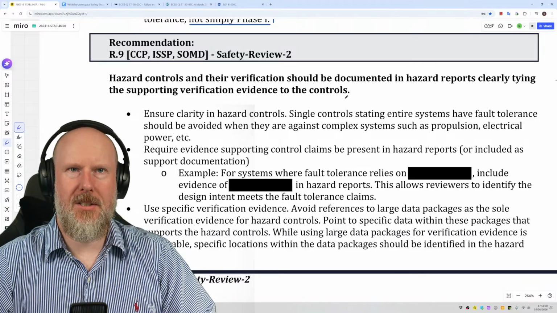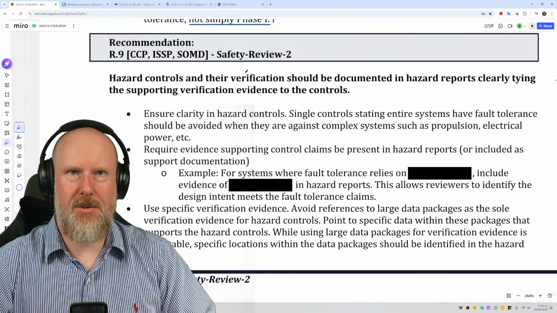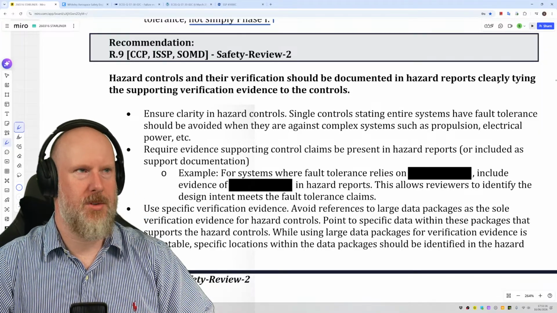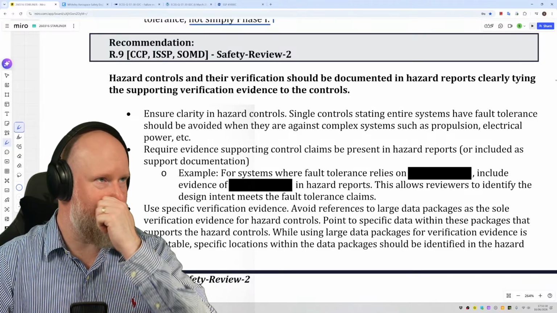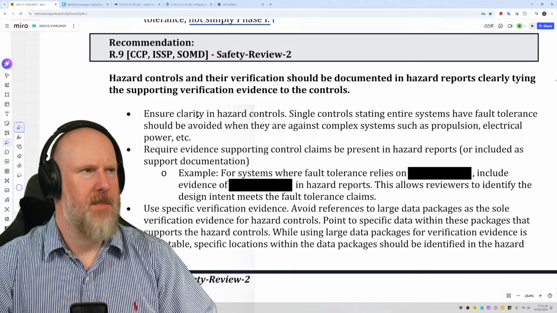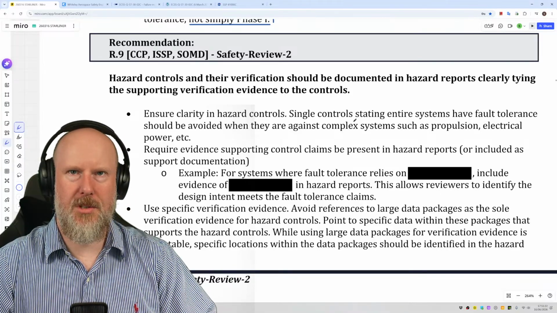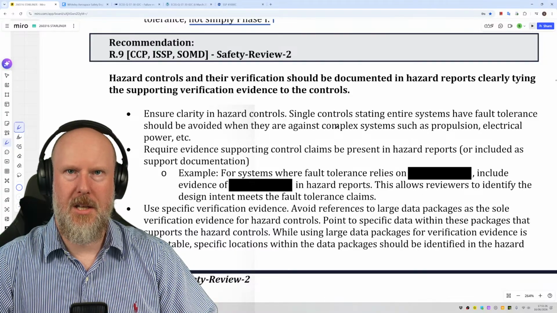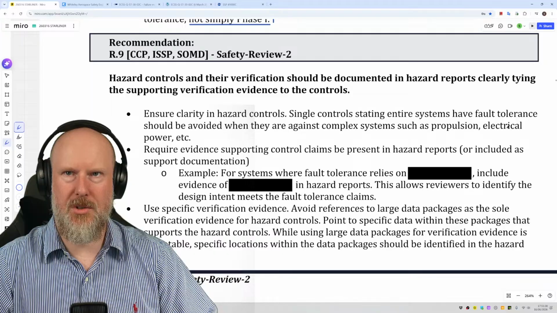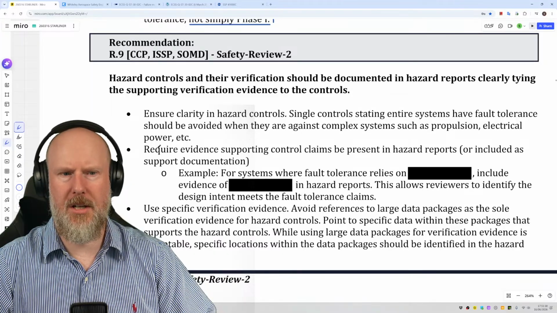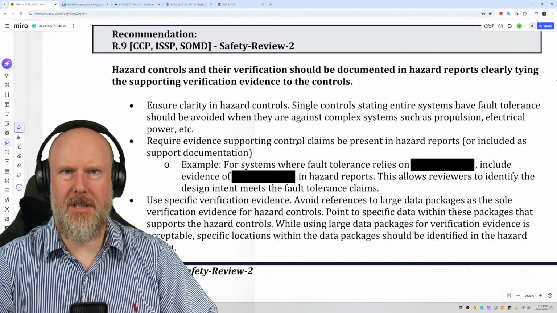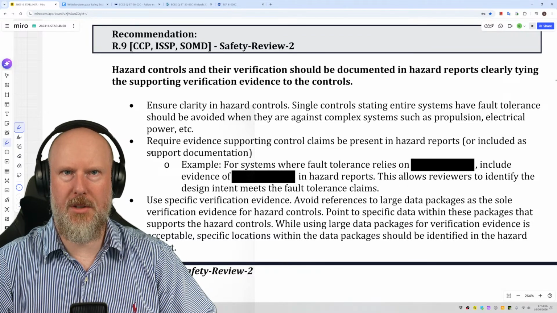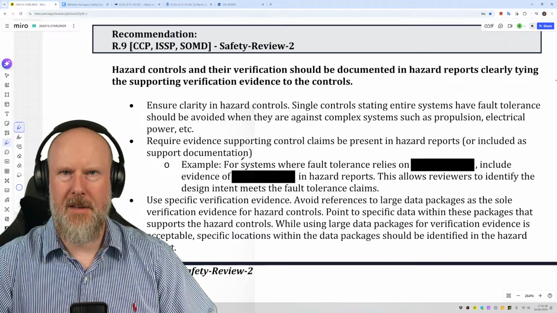So recommendation number 9, safety review 2, hazard controls and their verification should be documented in hazard reports, clearly tying the supporting evidence to the controls. Ensure clarity in hazard controls. Single controls stating entire systems have fault tolerance should be avoided when they're against complex systems such as propulsion, electrical power, etc. Require evidence supporting control claims be present in hazard reports or included as support documentation.